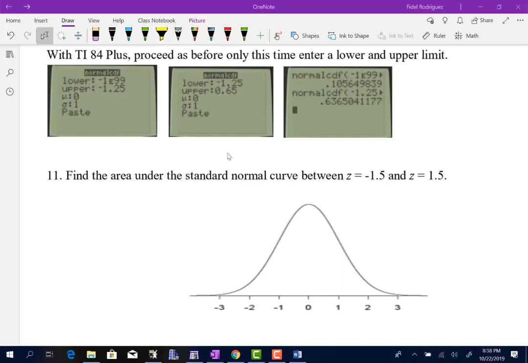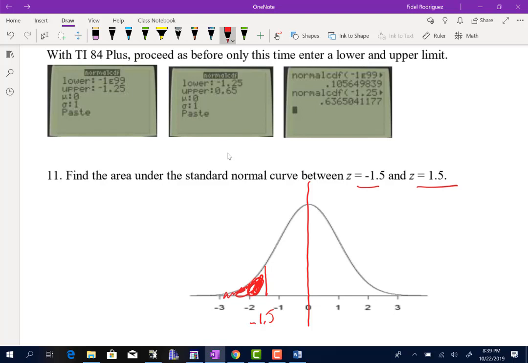Okay, so look what we're doing here, guys. We are finding the area between what two numbers? Negative 1.5 and positive 1.5, right? Okay, so y'all agree this right here is going to be negative 1.5? Okay, guys, didn't we say that this graph is symmetric in the idea that if we draw a line right through the middle, that cuts the graph in half?